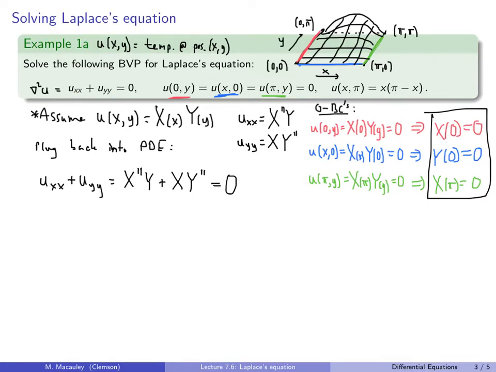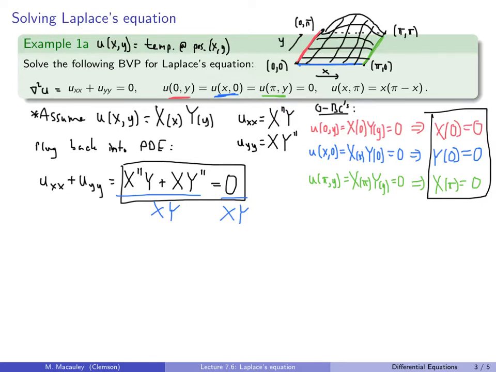Okay, so what we're going to do from here, let me actually box this. But let's divide both sides by X Y. So this thing holds. I'm going to divide by X Y. Now let's write what the left-hand side is going to be.